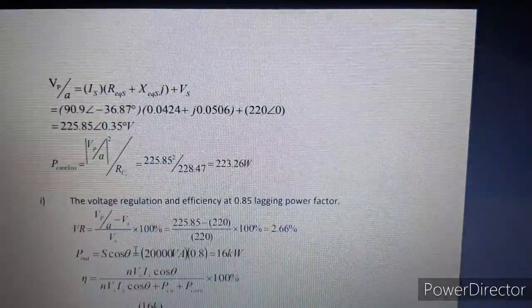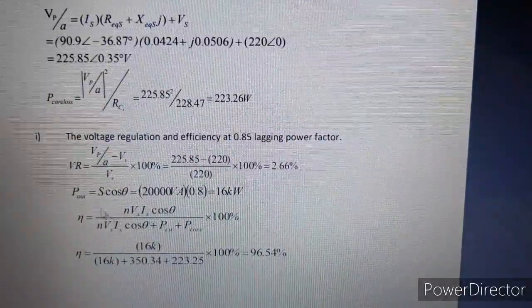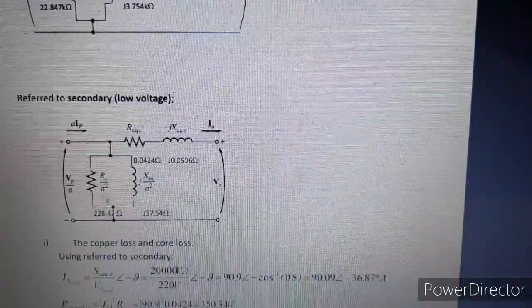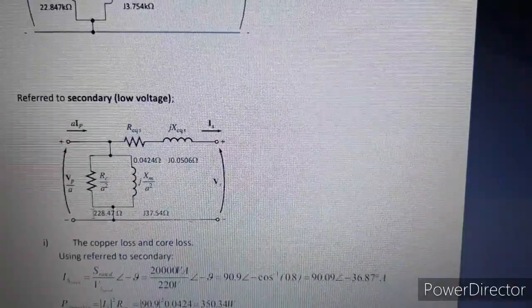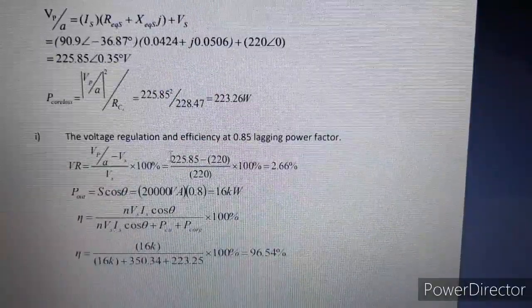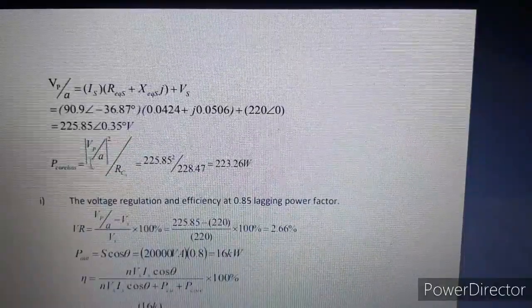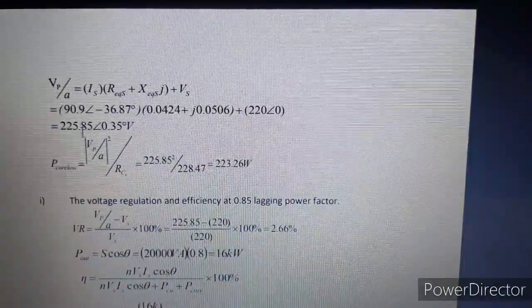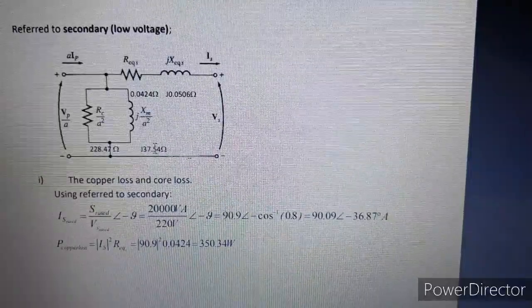Moving on to find core loss. Core loss is the loss at RCS, that is VP over A squared divided by 228. But that VP over A, you need to calculate using KVL around your referred to secondary circuit.